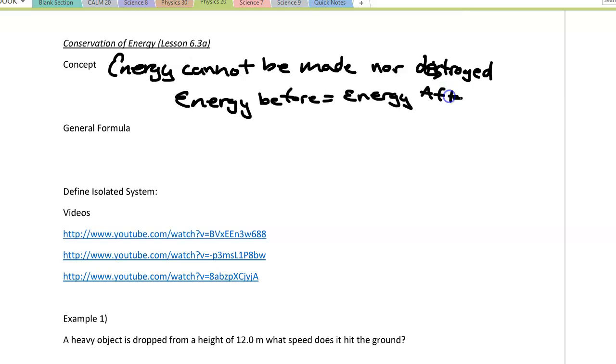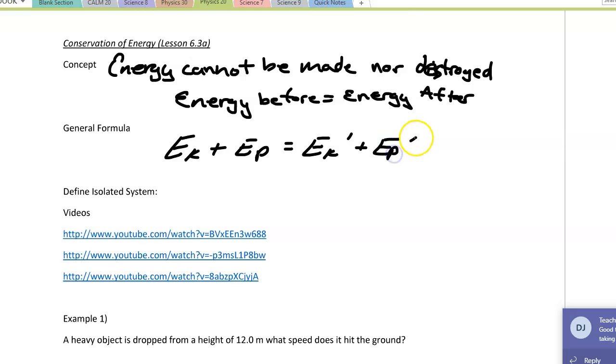Now, in this case, a general formula, because in Physics 20 we're basically dealing with mechanical forms of energy, specifically kinetic and potential, we can say that the kinetic energy plus the potential energy, these are the energy before, is equal to the kinetic energy after plus the potential energy after.